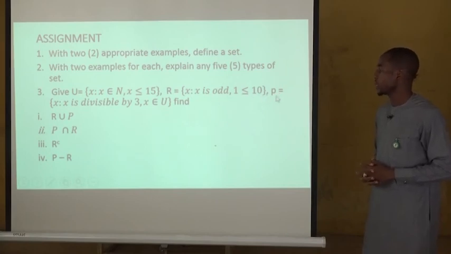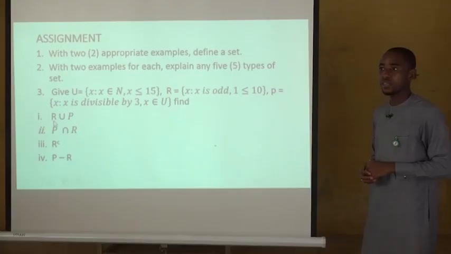Then P is another set of x such that x is divisible by 3 and x belongs to the universal set, meaning the elements are within the universal set. Find 1, R union P, 2, P intersection R, 3, R complement, 4, P minus R.